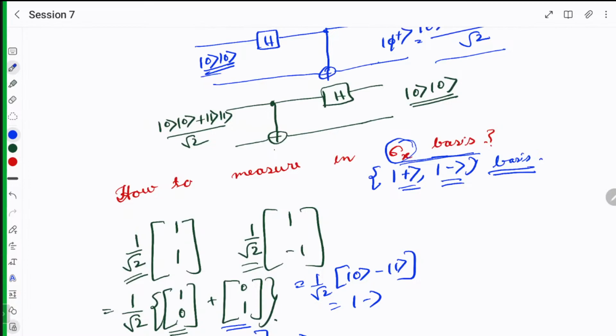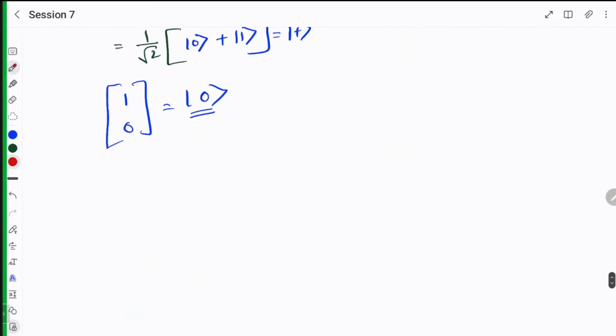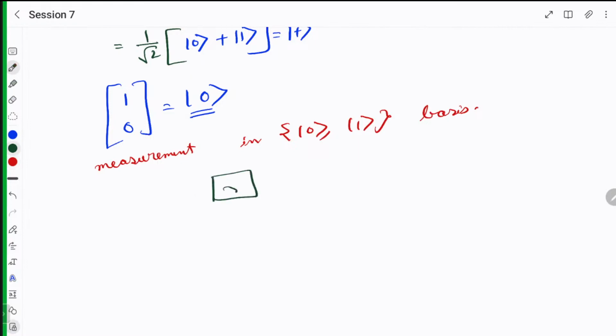So let's look at what measurement in the 0, 1 basis means. We have this measurement apparatus. If I give ket 0 to the measurement apparatus, it will give me ket 0 with 100% probability, that means with probability 1.